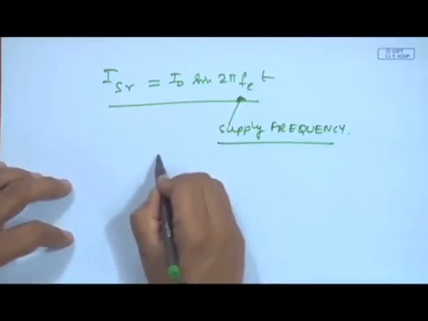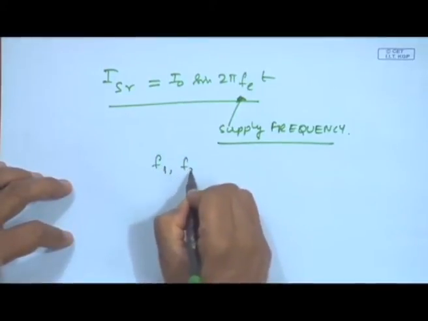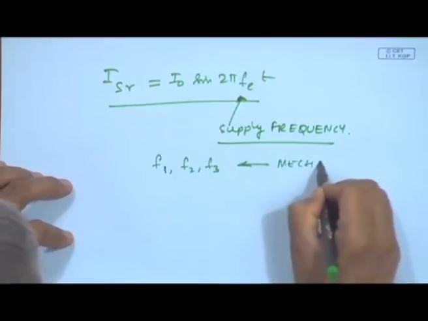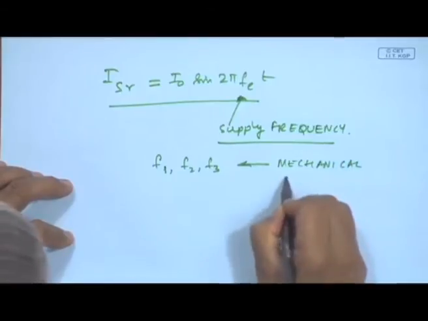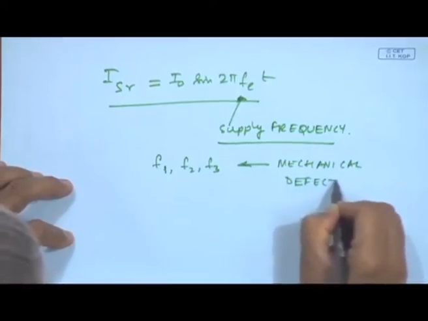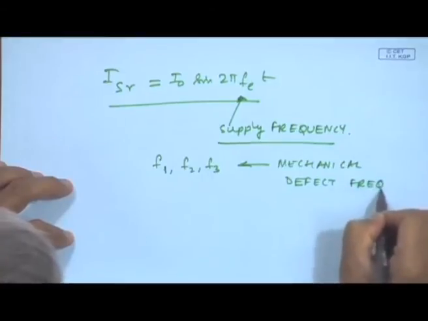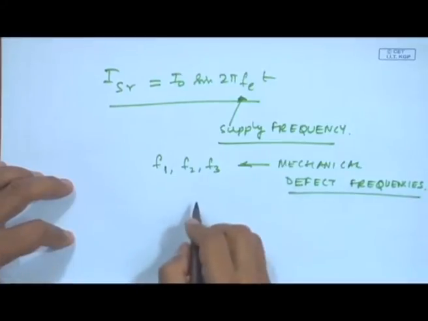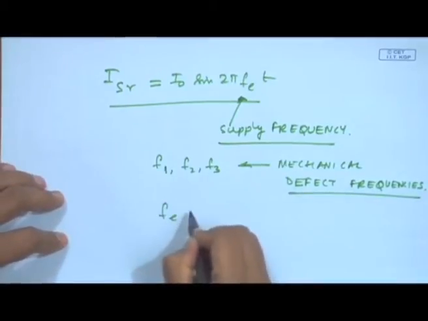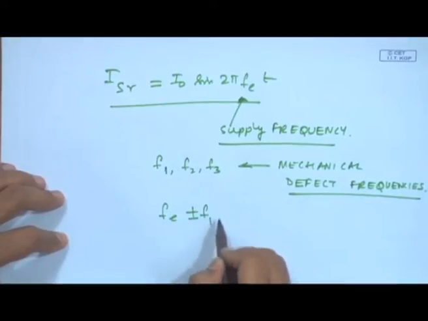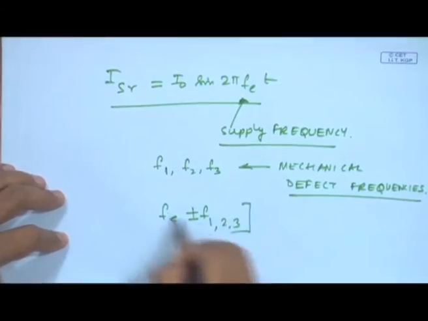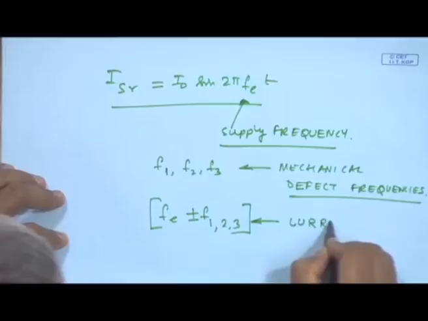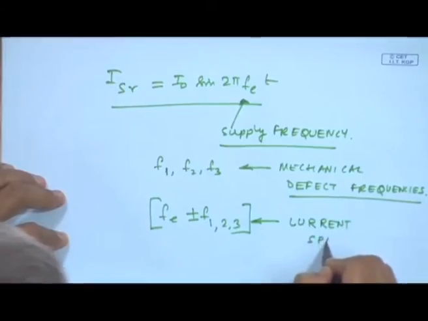But as soon as I have the defect frequencies f1, f2, f3, these are my mechanical defect frequencies, I will have components of fe plus minus f1 or f2 or f3 in the current spectrum.